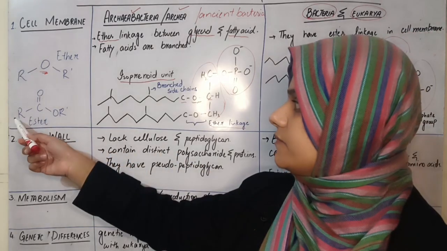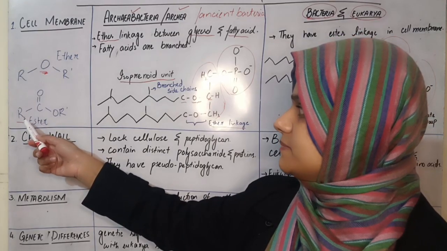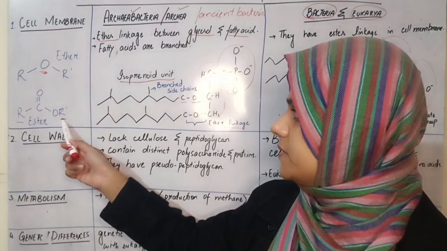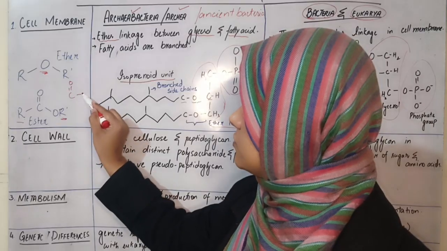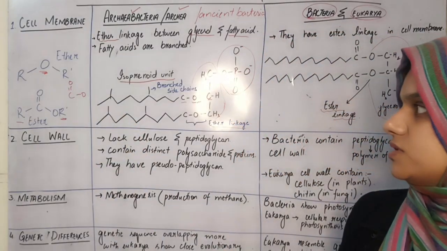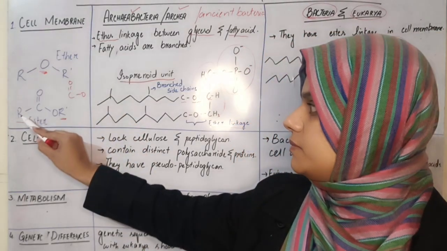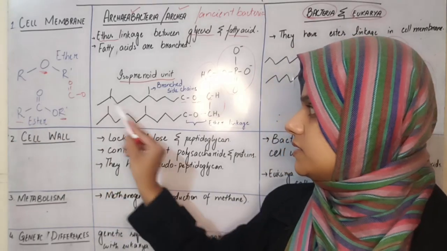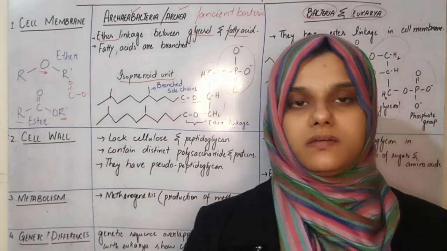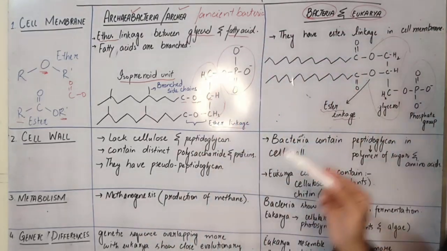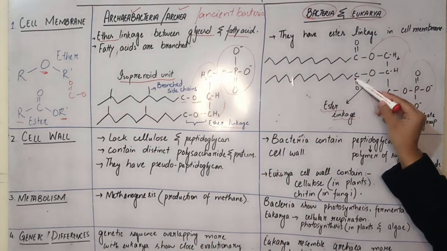Look over here. If the carbon is bound to the other carbon via C double bond O, this is ester linkage. So this is one carbon, one chain, and this is the other chain, and they are both bound to each other via COO, C double bond O and O. So you can see here a double bond is present.